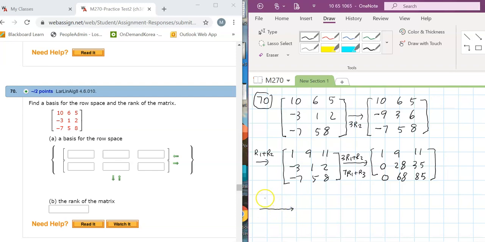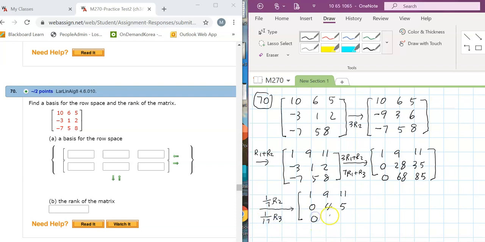So now, how about divide R2 by 7? Okay. So 1, 9, 11, 0, 4, and then it's going to be 5. And then not only that, 1 over, looks like 17, R3.